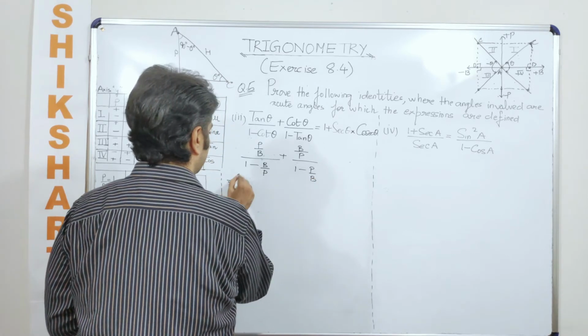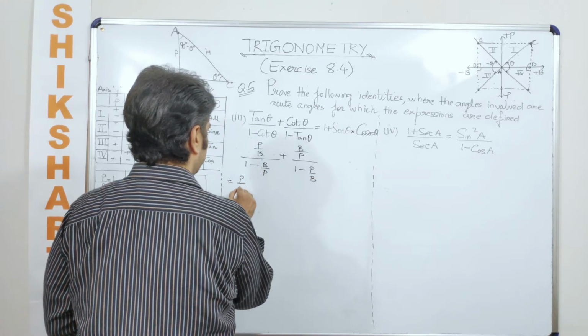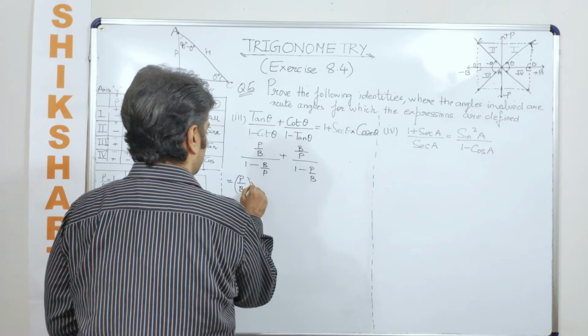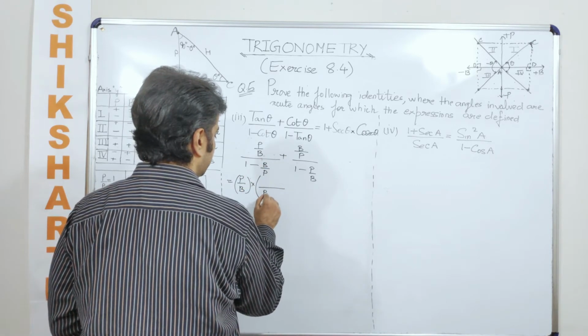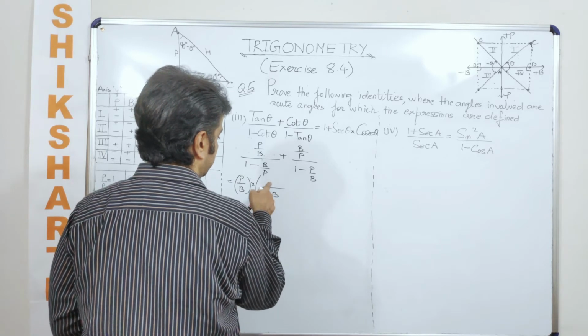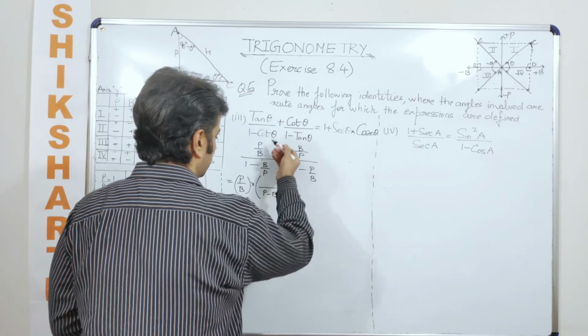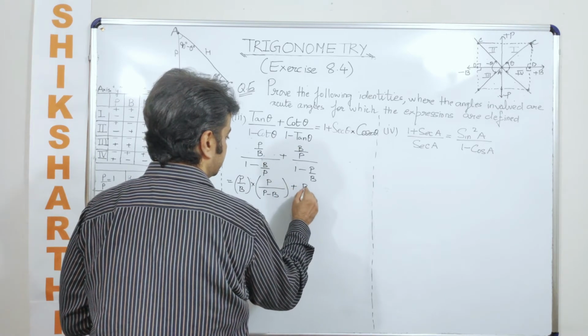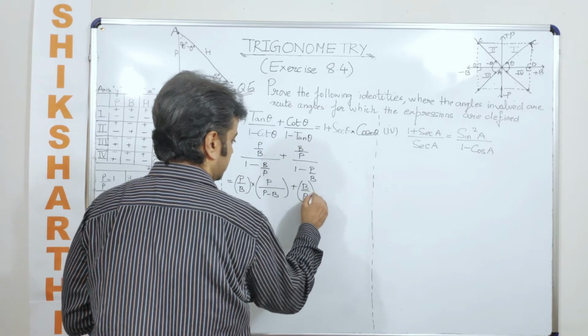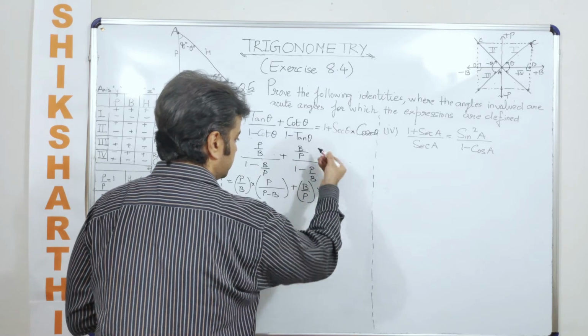So once we solve this, can I write it like this is P by B into, now in the denominator I will be getting P minus B, right? But in the numerator this P goes up, plus I can write it like this is B by P and this B goes up.